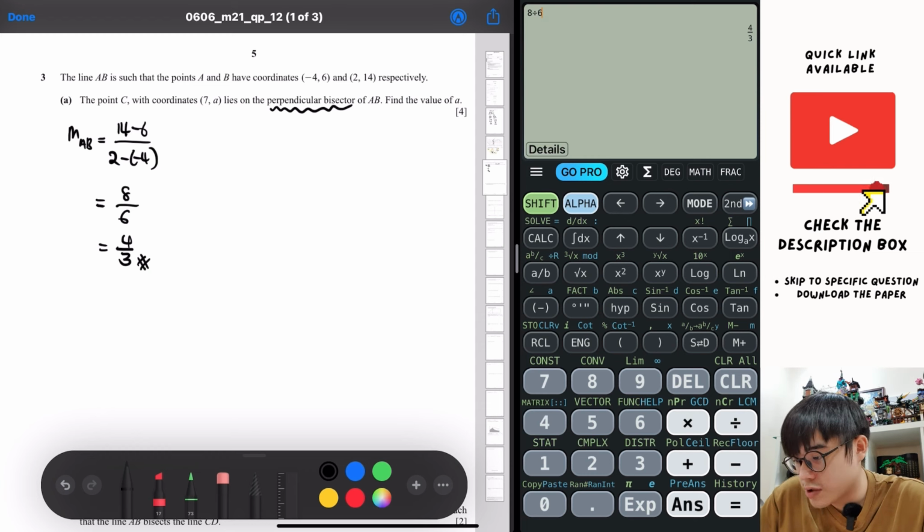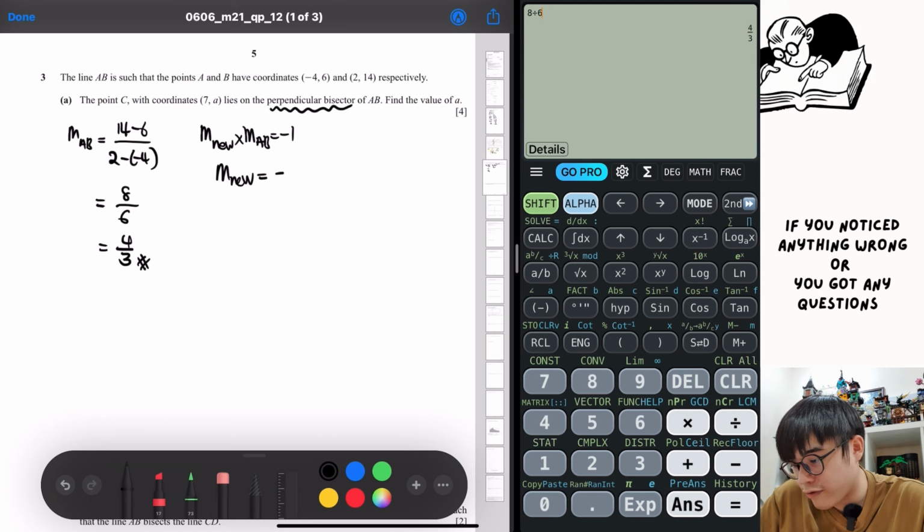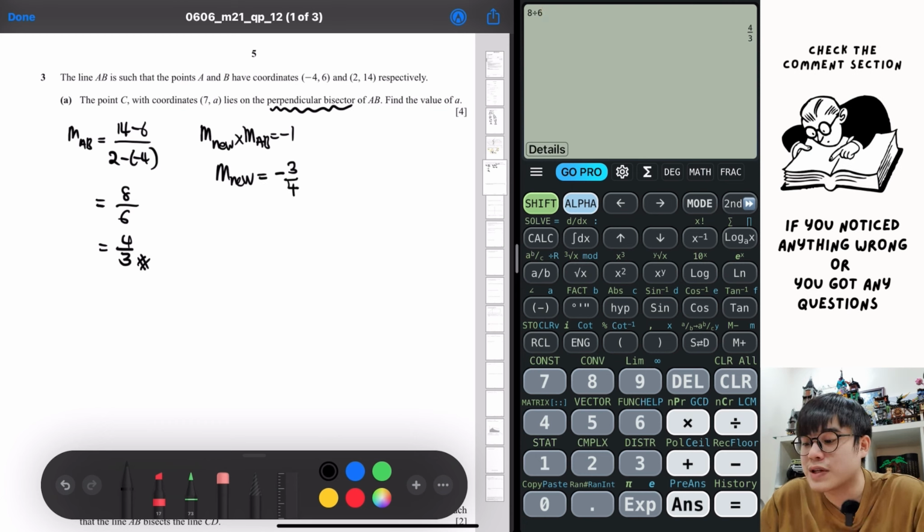So you need to find your gradient here. So the gradient that we are dealing with is actually -3 over 4, as well as we need the midpoint for this calculation. So the next thing that I'm going to do after identifying a perpendicular bisector will be the midpoint.